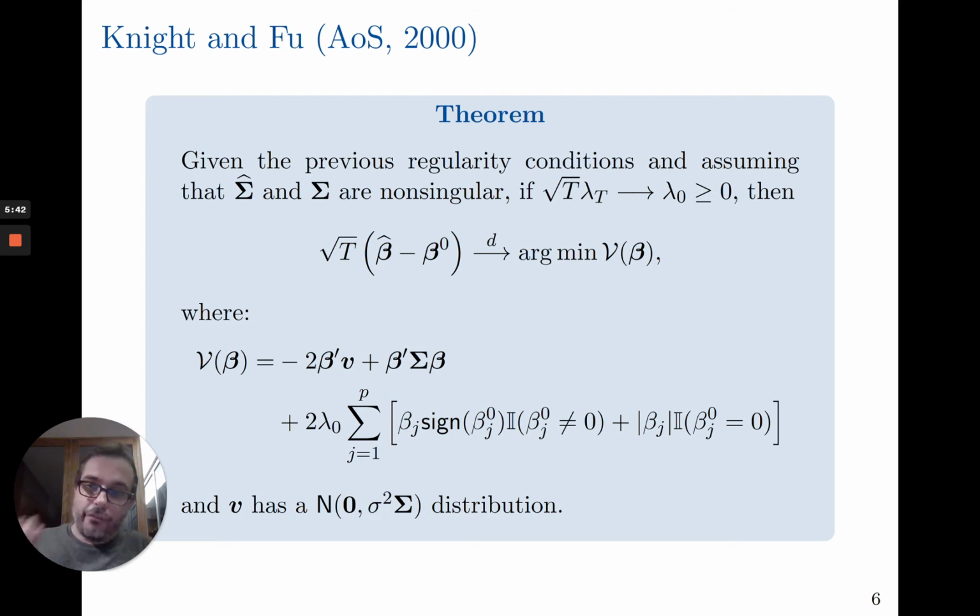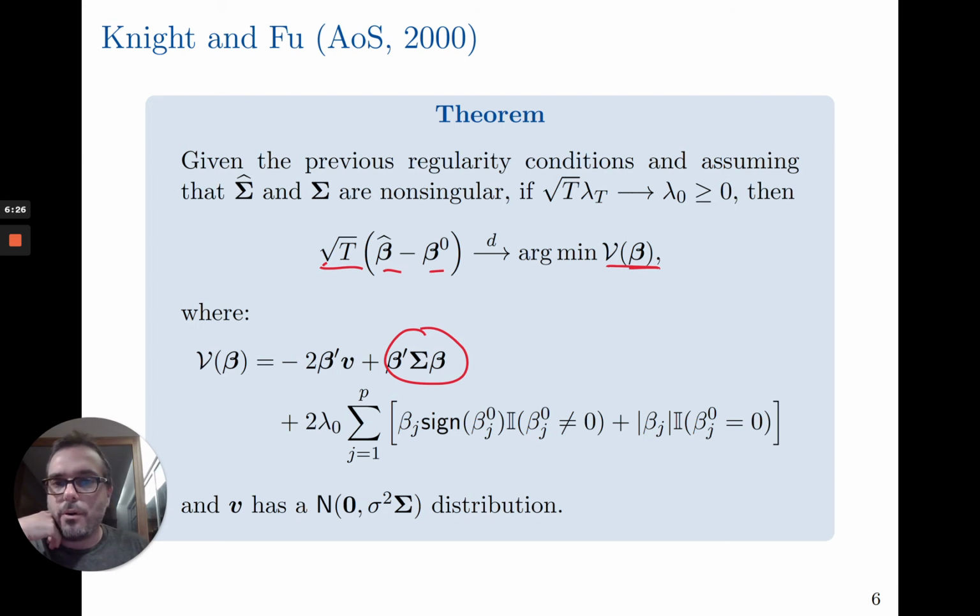But the key thing is when you have a lambda that's not 0, right? When it converges to a lambda naught. And in this case, what's going to happen, okay, is that in terms of distribution, square root T times beta hat minus beta naught will be converging in distribution to the argument that minimizes this function V of beta. And what is V? V is a quadratic form, okay, plus a constant that does not depend on beta, and does not depend on anything that's random, because sigma is not random.